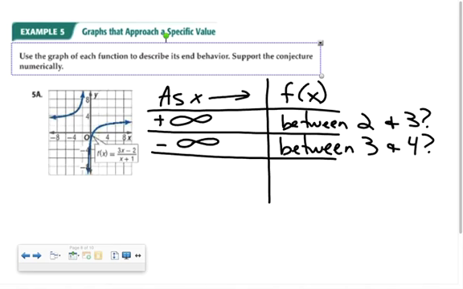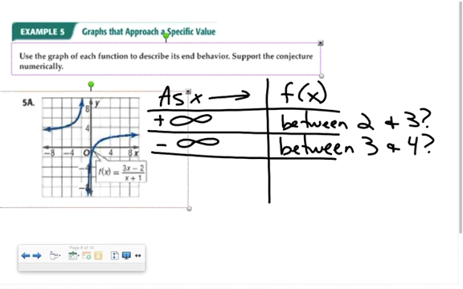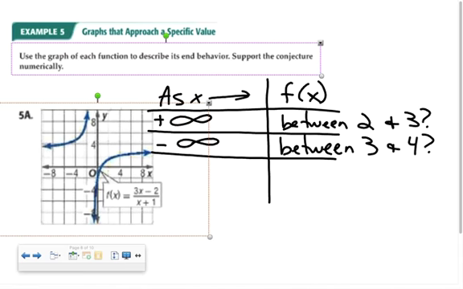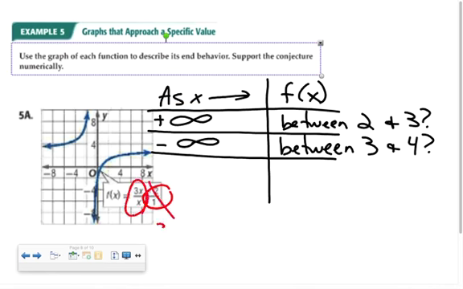Okay, so if I plugged a very large number into this function, what I'd like you to notice is if I plug in a very, very large number, subtracting 2 from it in the numerator and adding 1 to it in the denominator, again, becomes negligible. So I can look at what's happening here.